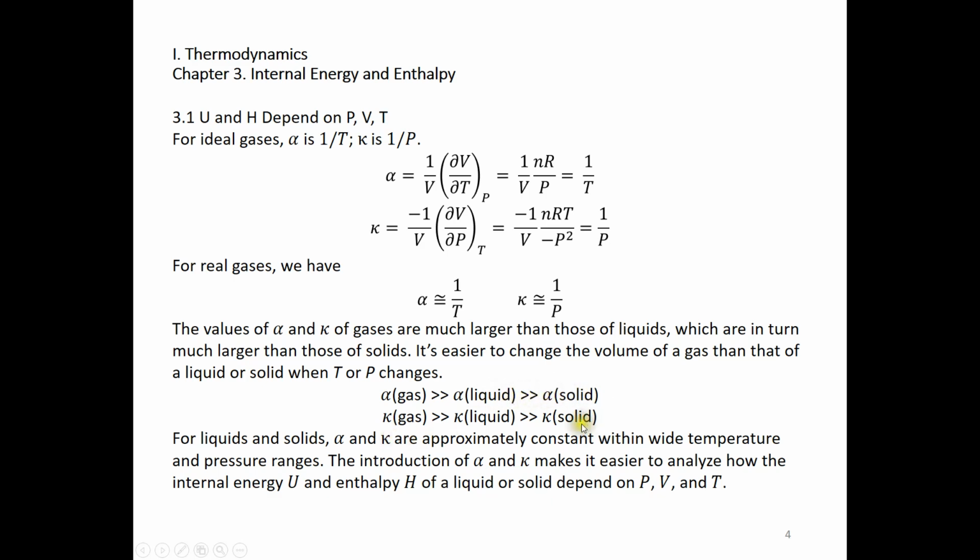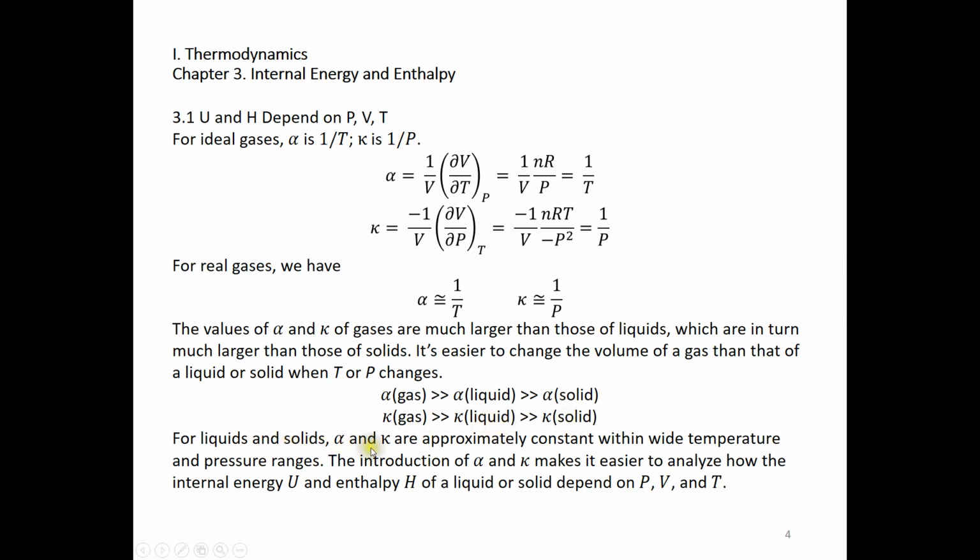We see the same trend for kappa. Kappa of a gas is much greater than the kappa of a liquid, which is much greater than the kappa of a solid. Remember, it's possible to compress a gas with a high pressure, but it's much more difficult to compress a liquid with a high pressure, or a solid.